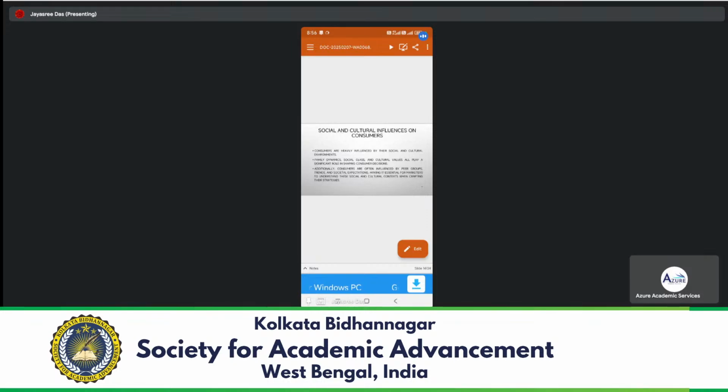Social and cultural influences on consumers. Here, the key takeaway was consumers do not make decisions in isolation. When your father decides to take a car loan, he obviously talks with your grandparents if they are there, with your mother, and then they take this decision because this is a big financial decision.